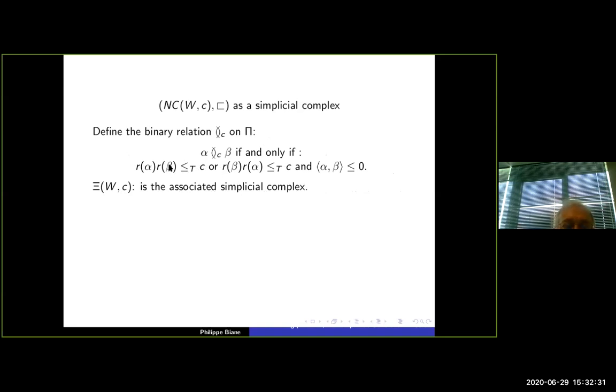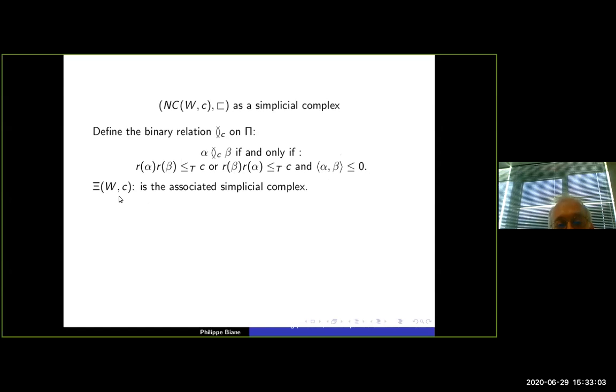Essentially, this relation tells you that the two roots are non-crossing, in the sense that I used at the beginning of my talk when I explained what non-crossing partitions are. A crossing is a pair of roots which do not satisfy this. And I add this property here: for alpha, beta, the inner product has to be negative.